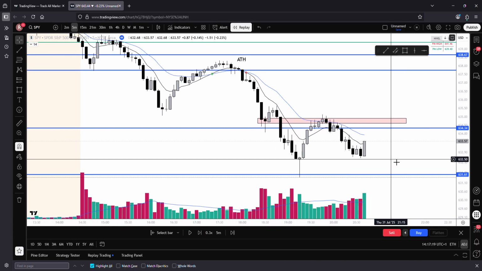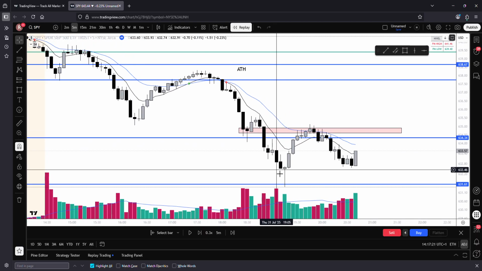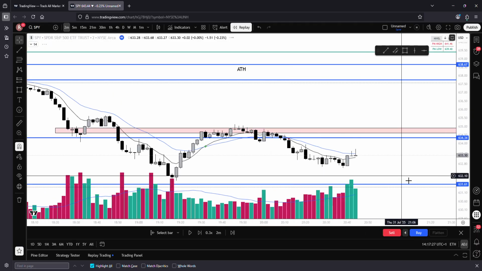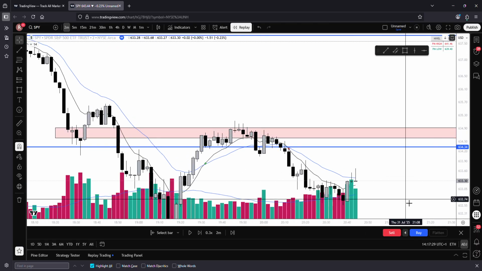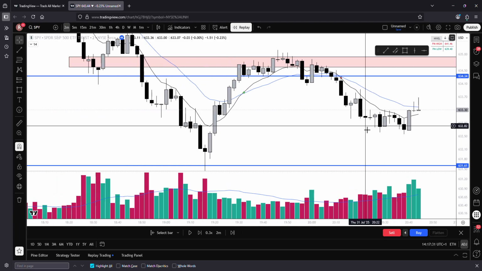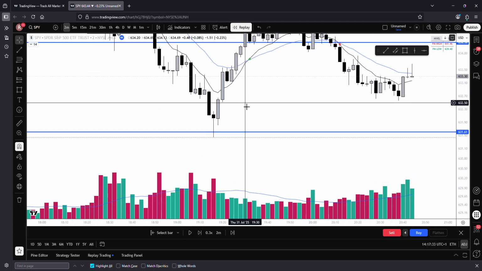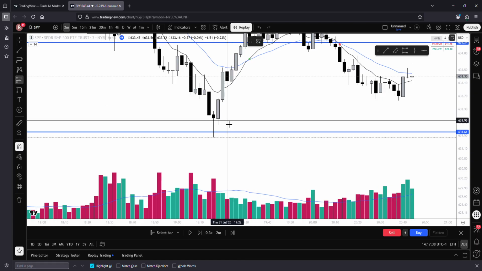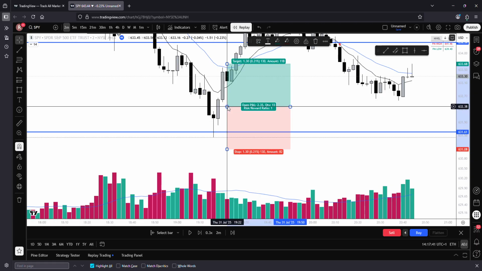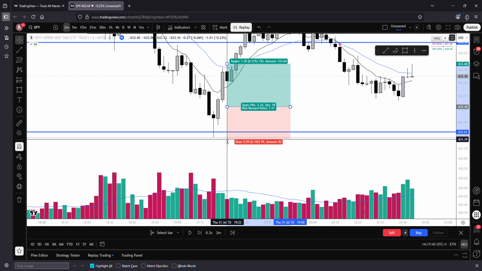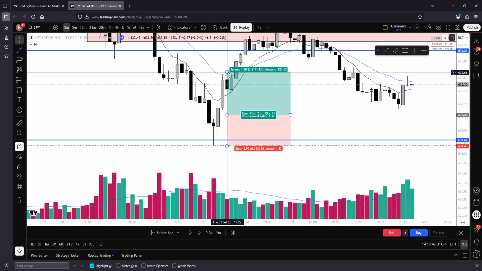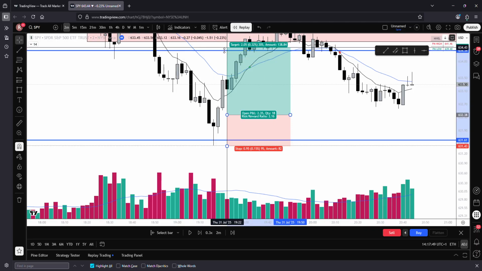Really great day. Like I said, I did trade this. It shows multiple trading opportunities. I didn't really highlight this one too much, but again, that would have been a nice little risk reward trade there. If you'd taken this one, again, long position, so maybe you'd taken it here, you'd be looking at your stops below here, and then a 2 to 1.